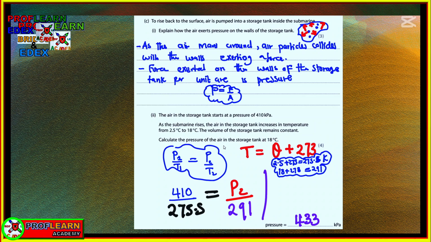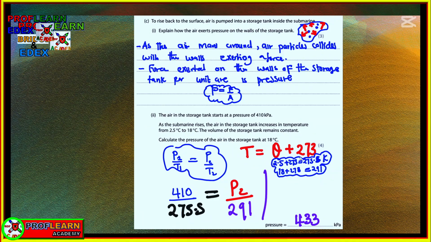Then you are supposed to also calculate the pressure of air in the storage tank at 18 degrees Celsius. Remember, for you to use this formula, you have to change temperature to Kelvin. So that will be the temperature in degrees Celsius plus 273. If the temperature in degrees Celsius was 2.5, the temperature in Kelvin here will be 275.5.